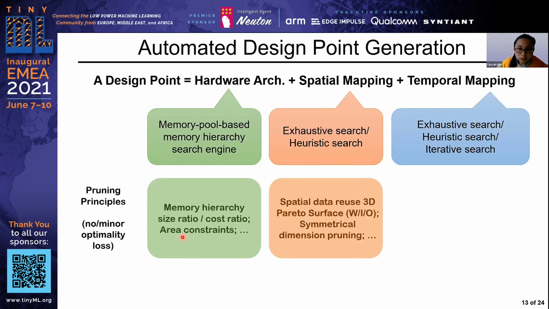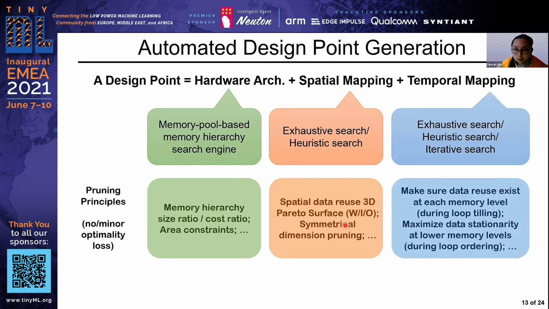That's the constraint. And then for the spatial mapping, we can analyze the spatial data reuse that each spatial mapping scenario provides to input, weight and output. We can select the Pareto optimal ones to fit into the next temporal mapping search.